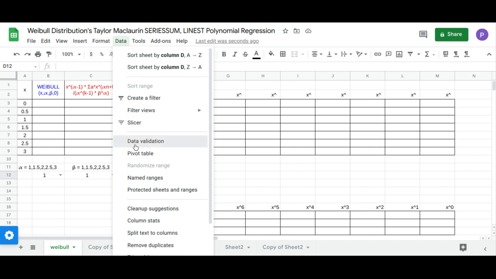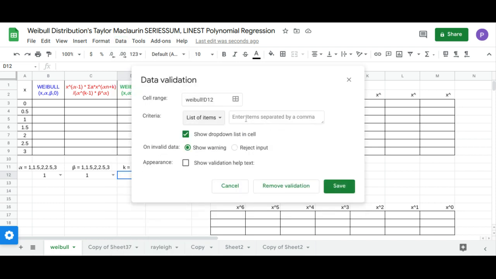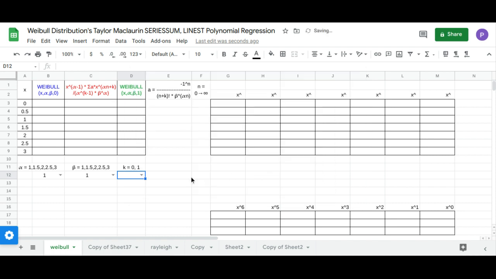Data validation, list of items, 0 or 1. 0 if it is probability density function, 1 if it is cumulative distribution function.